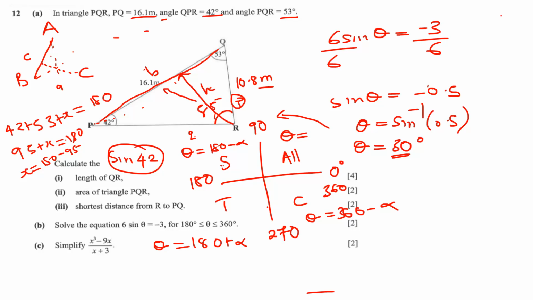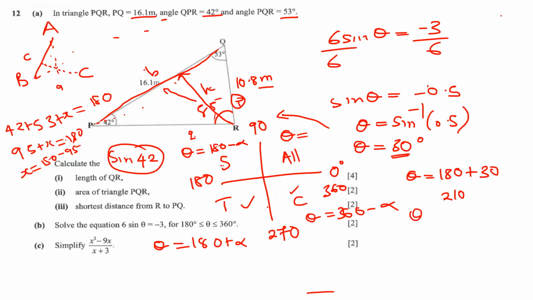So since we are dealing with the third one and the fourth one, we are going to say theta is equal to 180 plus the reference angle, which is 30, which should give us 210.